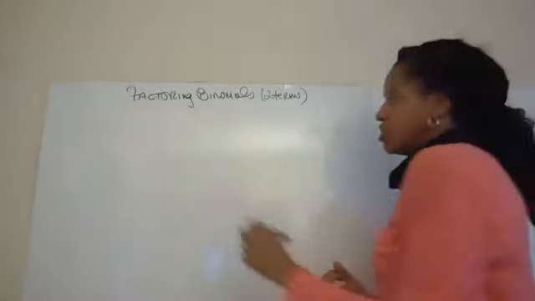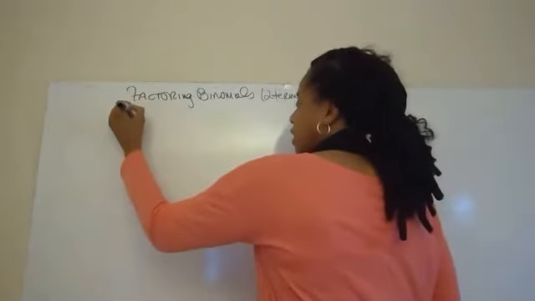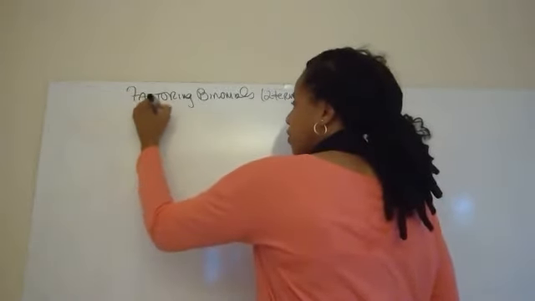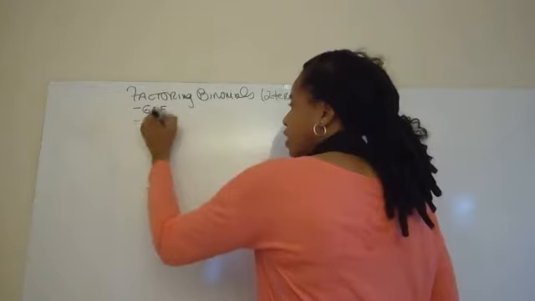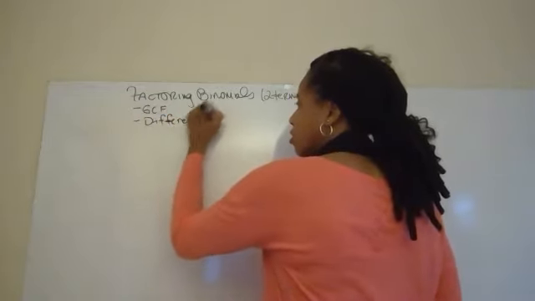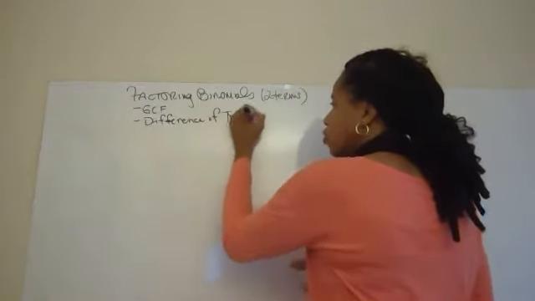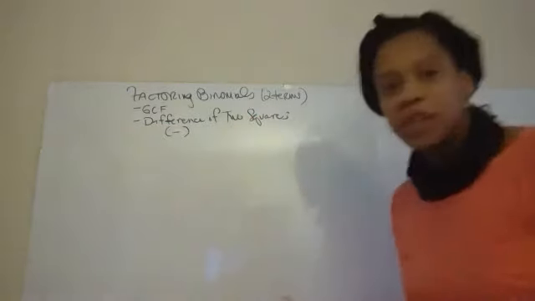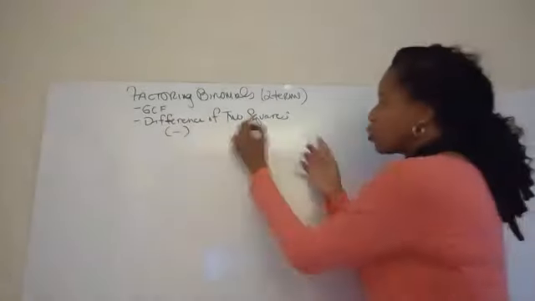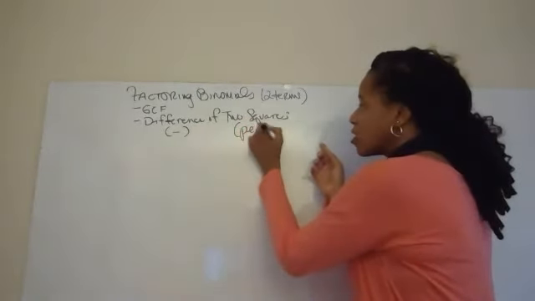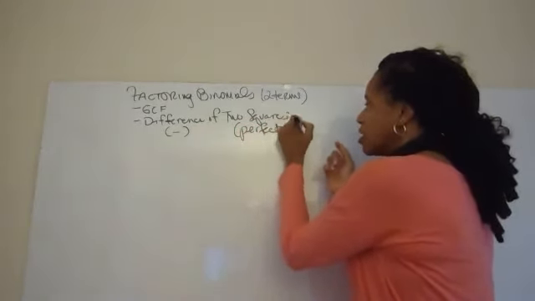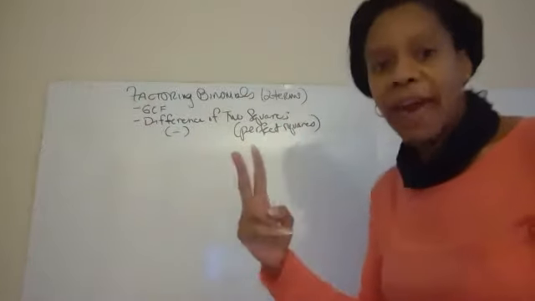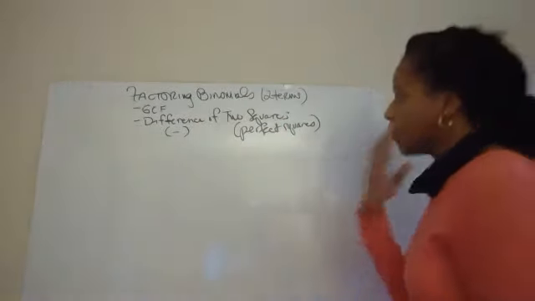And can you do a GCF? The only thing that's different is you check for a GCF, and then you have to check for the difference of 2 squares. Make sure you understand difference means subtraction, and 2 squares means perfect squares. It's a number with the same 2 factors.